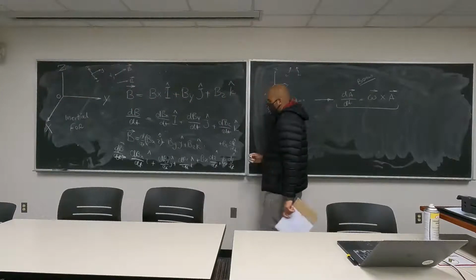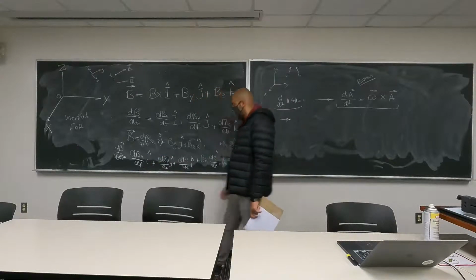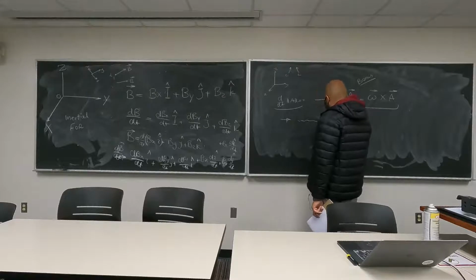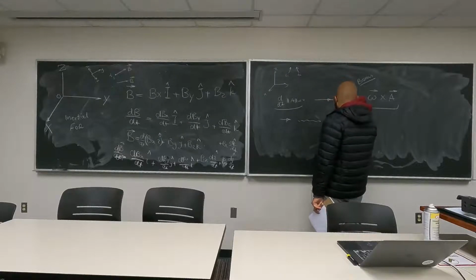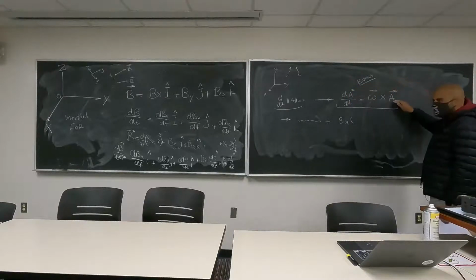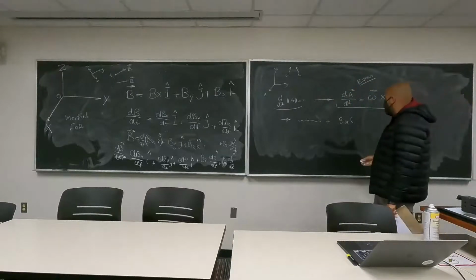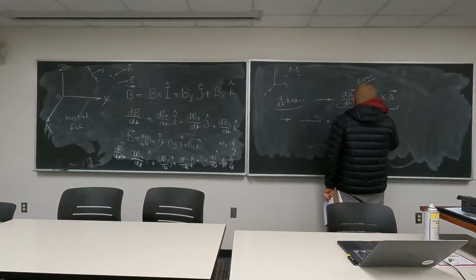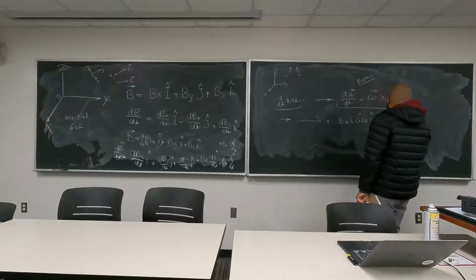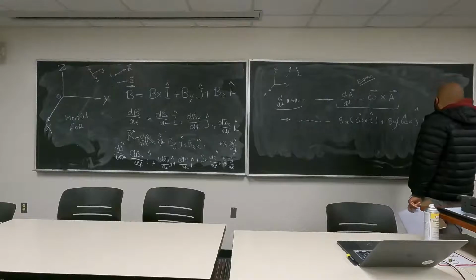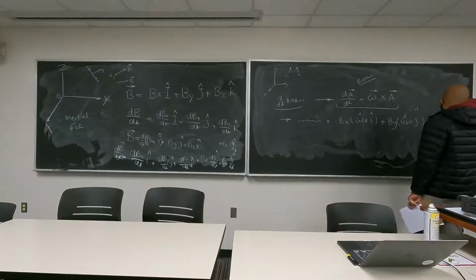So we have all these derivatives: dBx/dt, dBy/dt. I'm not going to write them. So we are going to do Bx di/dt equals omega multiplied by i, plus By omega multiplied by j, plus Bz omega multiplied by k.